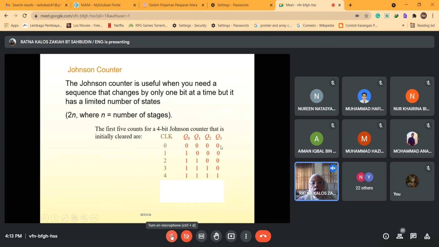It's initially cleared here. At the first clock, you have 1 0 0 0, and then second clock you have 1 1 0 0, third clock you have 1 1 1 0, and then fourth clock you have 1 1 1 1. So what do you think happened at the fifth clock?